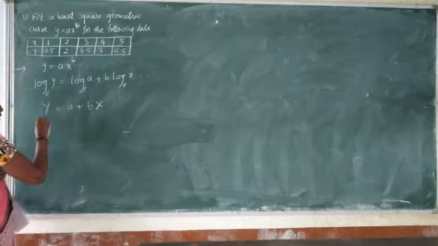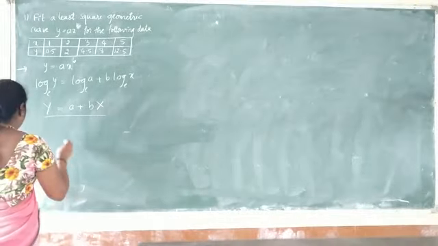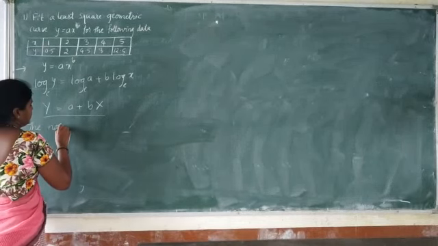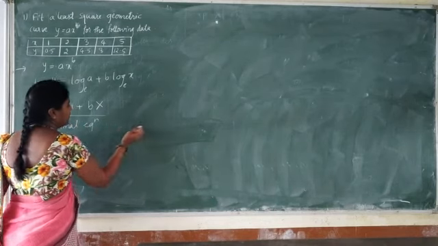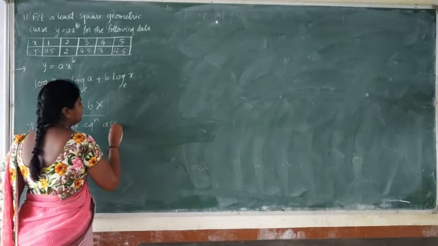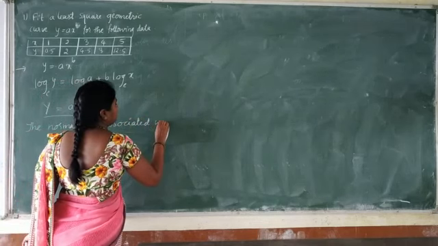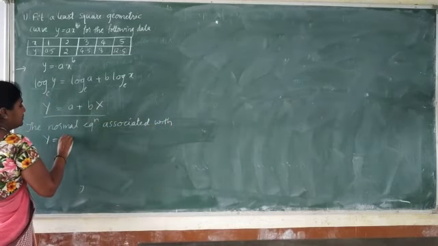Now this equation is nothing but the equation of a straight line having the normal equations associated with Y equals A plus bX.